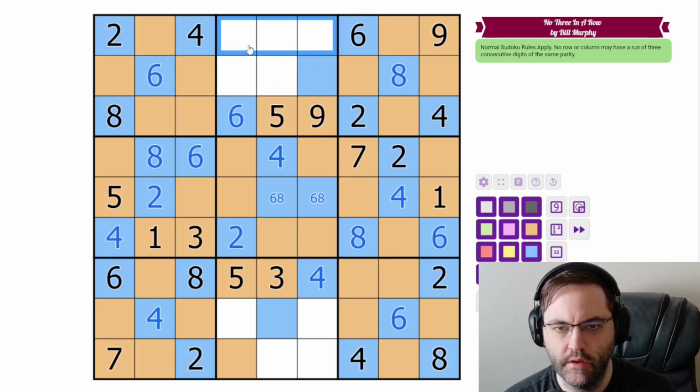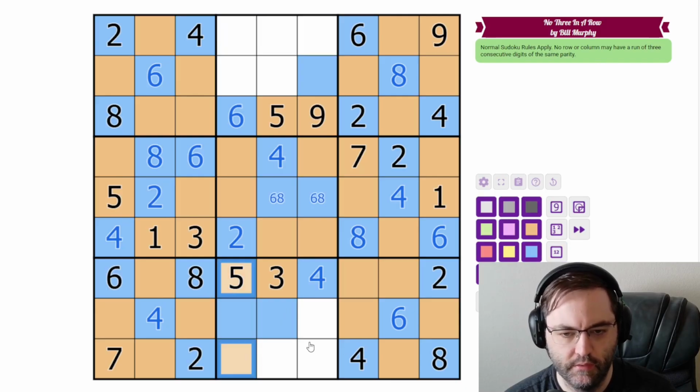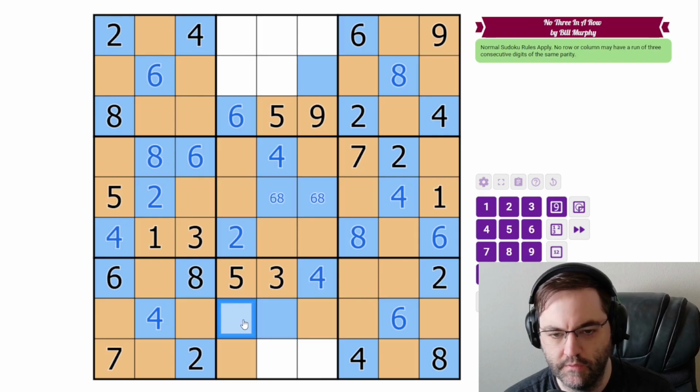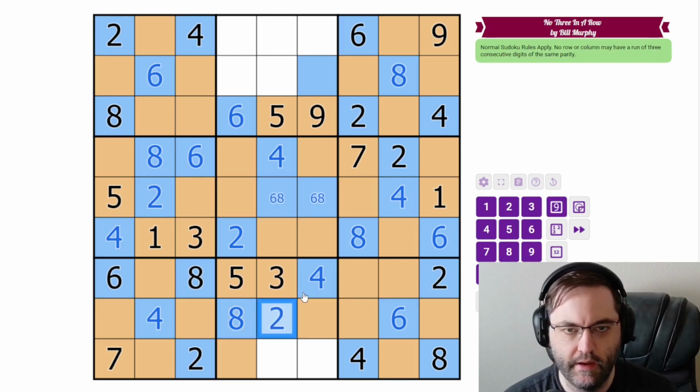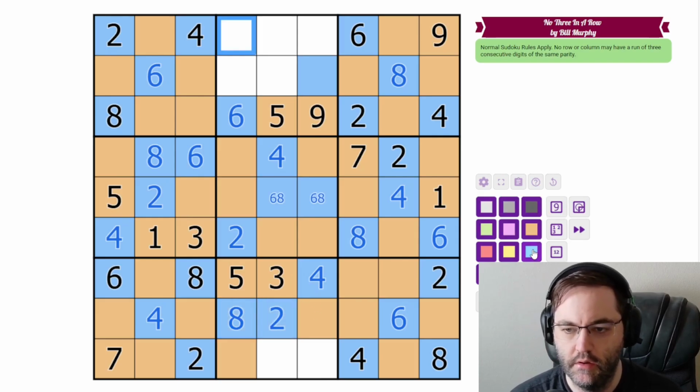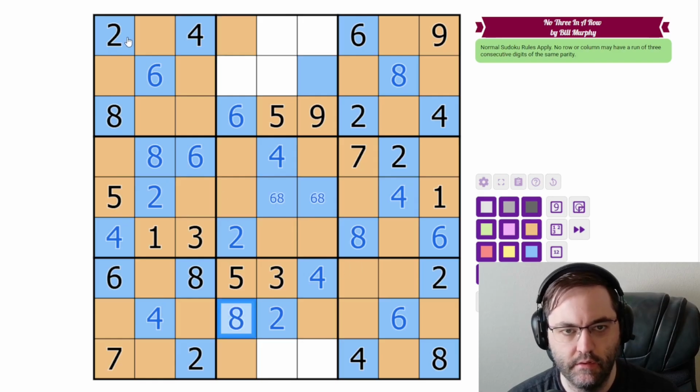We can't do the same with 8 up here. Okay, this is even because of these two odds. This is odd because of these evens. Means this is 2, 8, and we can resolve that. And now this is odd because it can't be 8. We have the others up here.